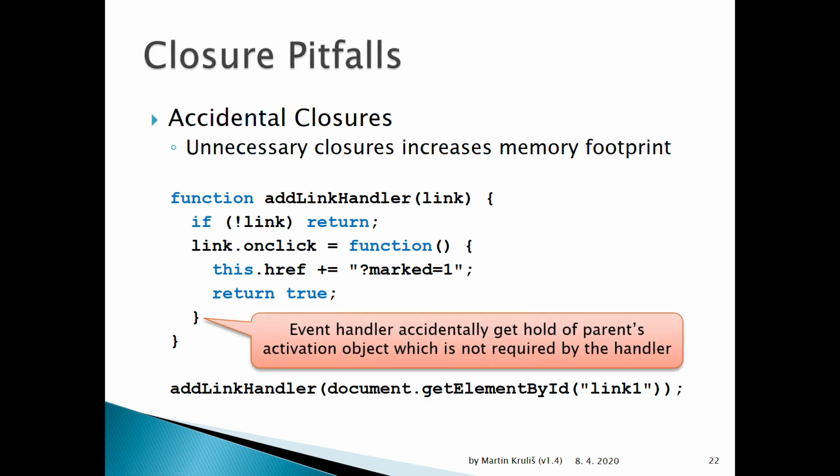However, it's not completely fine because this function, the handler itself, does not require anything from its parent's context. So it does not require any variables or any arguments from the addLinkHandler context. Thus it does not have to carry this context alongside every time the onClick event is triggered. There's no big deal because there is no large data inside, and we assume that the link to which this onClick handler is attached is still existing, so you're not accidentally preventing any garbage collecting in this case.